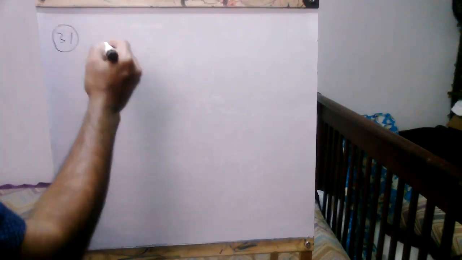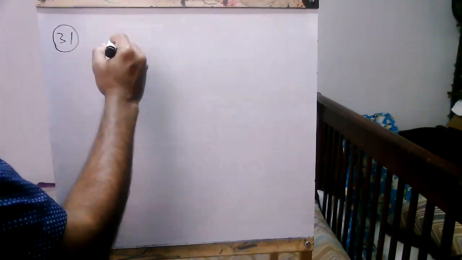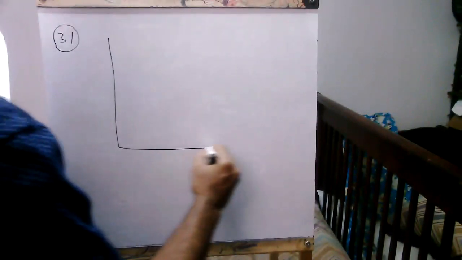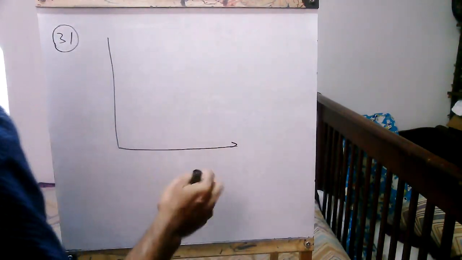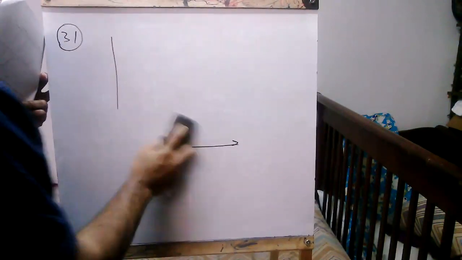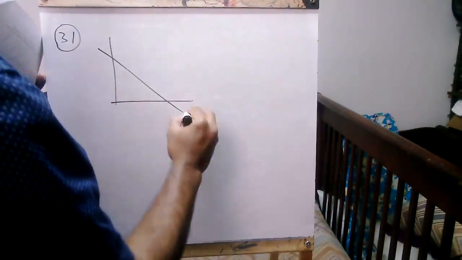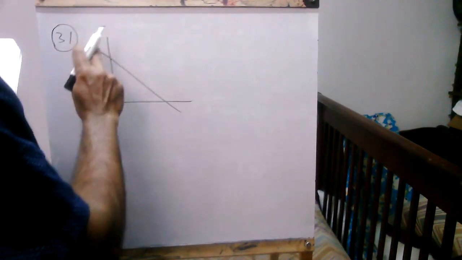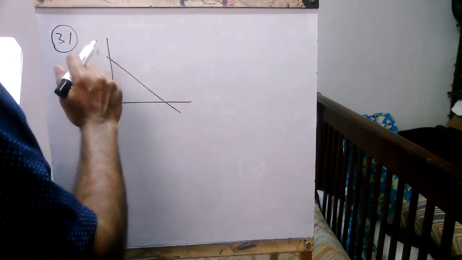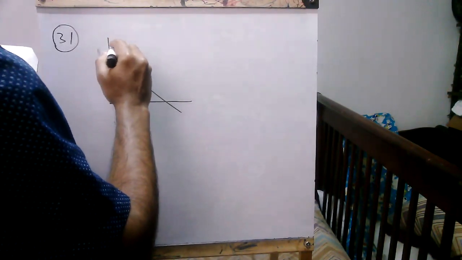Okay, I'll sketch that graph. I do a rough sketch here. Something like this. 0, 12.